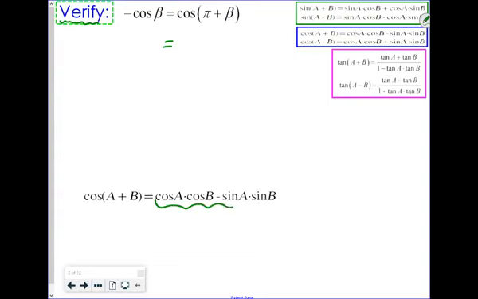Where I see A, I'm going to put in a pi, and where I see B, I'm going to put in beta. Underneath this, I'm going to replace it by what it's equal to. So that's cosines. Cosines change signs. So list the cosines, change that, and write the sines.